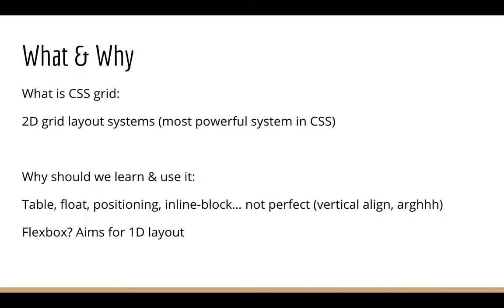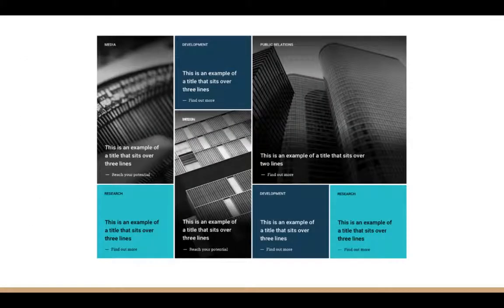And so CSS Grid is a 2-dimensional grid layout system, and the reason why we should use it in the future is because right now CSS is still not that perfect. For example, the table, the inline blocks, the flex boxes, they are only focused on one row, so we cannot do a layout like this one.